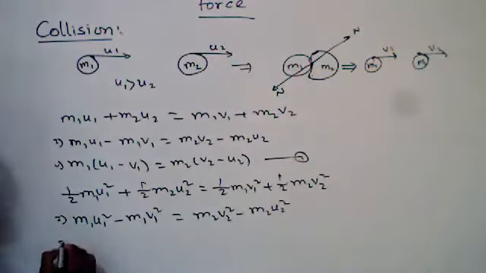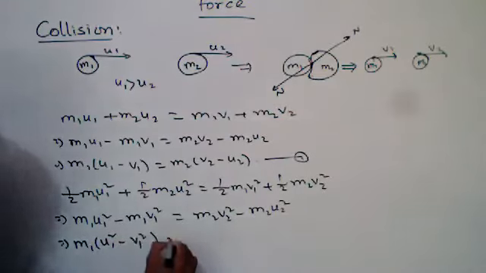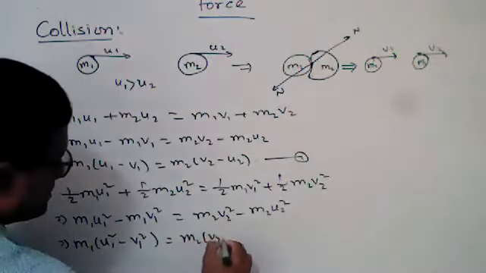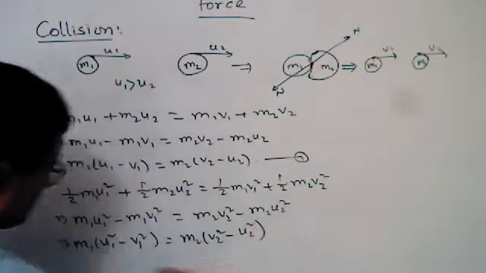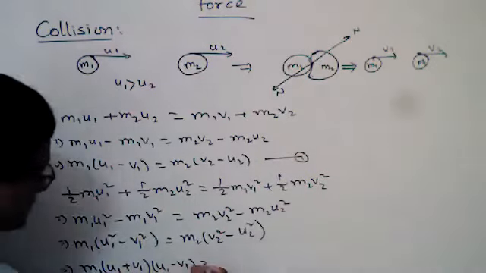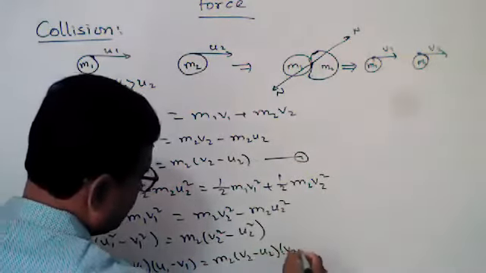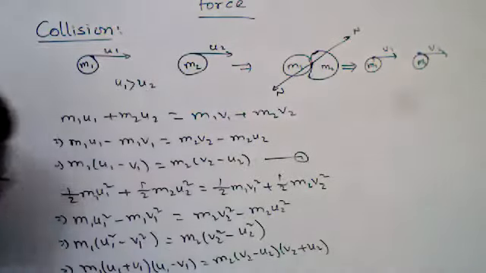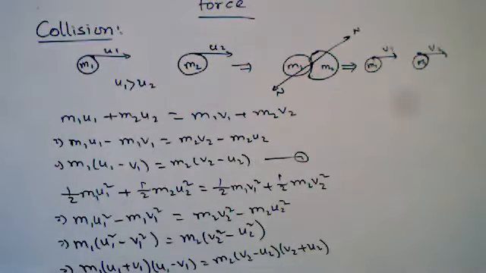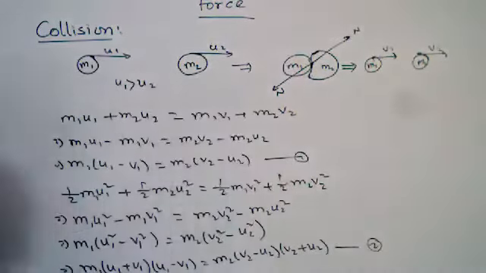Understand? So m1 (u1 plus v1)(u1 minus v1) equals m2 (v2 minus u2)(v2 plus u2). This is the conservation of kinetic energy, so equation 2.